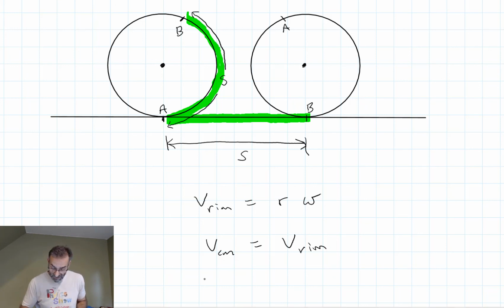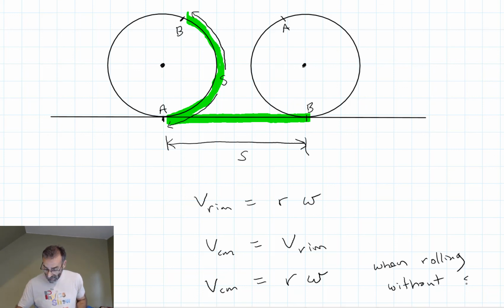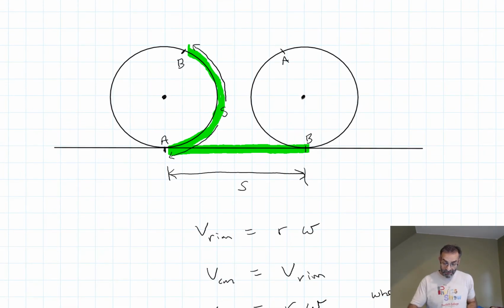So my relationship, the velocity of the center of mass, has to equal the radius of my wheel times omega, the rate that it's spinning, the rotational rate. These are connected when I have rolling without slipping. And this is important because now I know how to split up my problem.